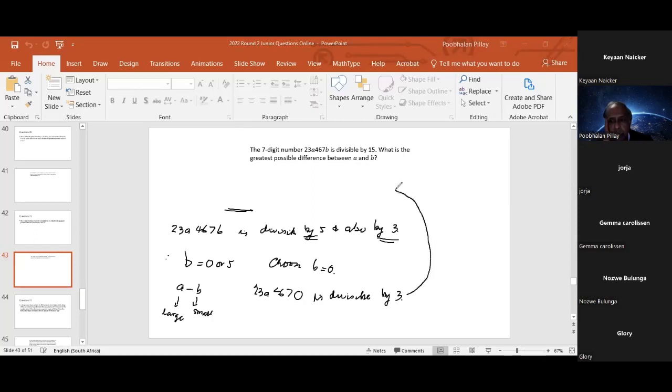So now if I add all these things, 2, 3, 4, 6, 7, 0, you get 5 plus 4 is 9, 9 plus 6 is 15, you get 22, and plus A, which is unknown, is a multiple of 3. And remember, A is a digit. It's a one-digit number, 0 up to 9.